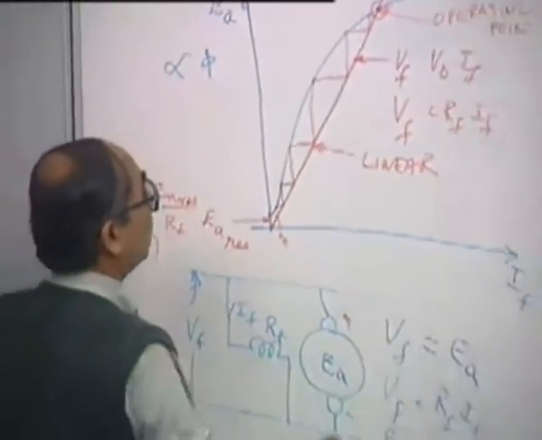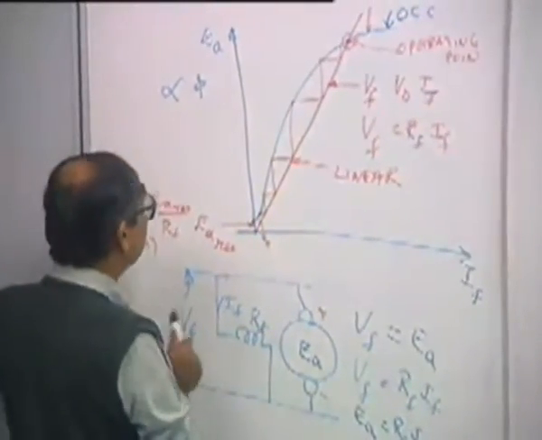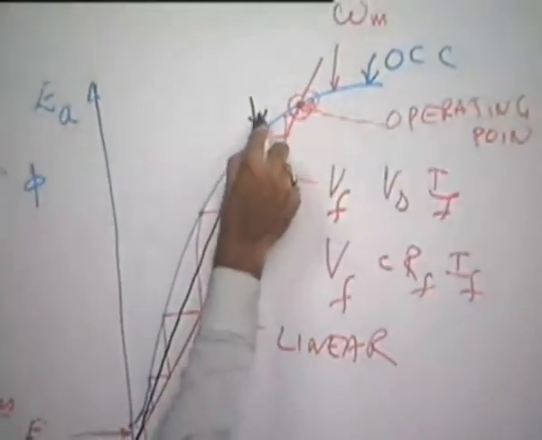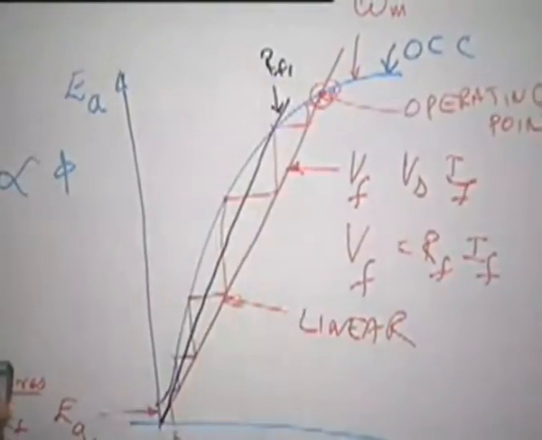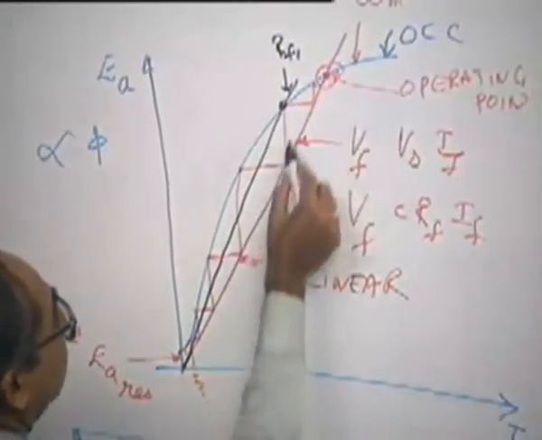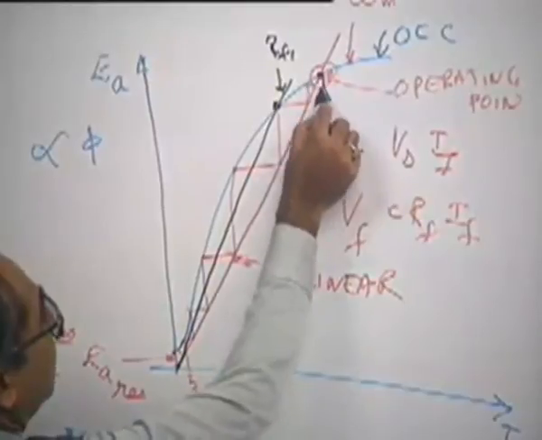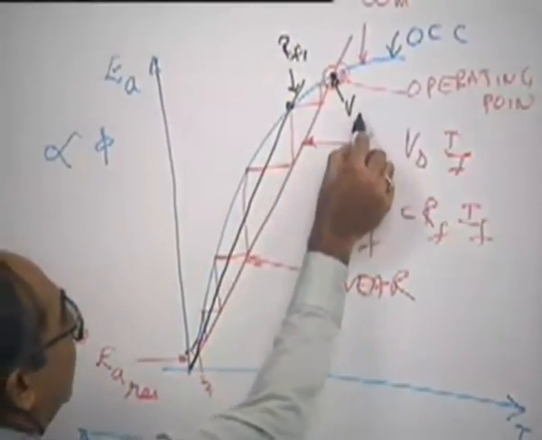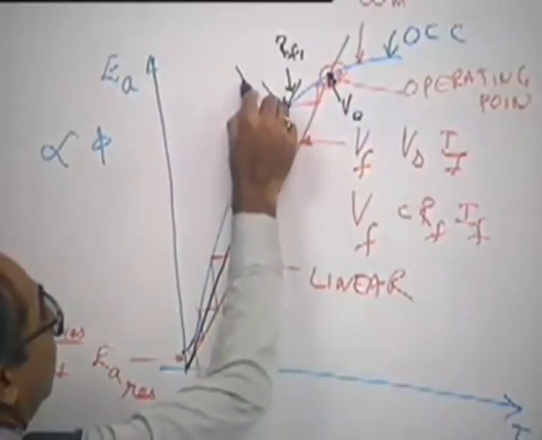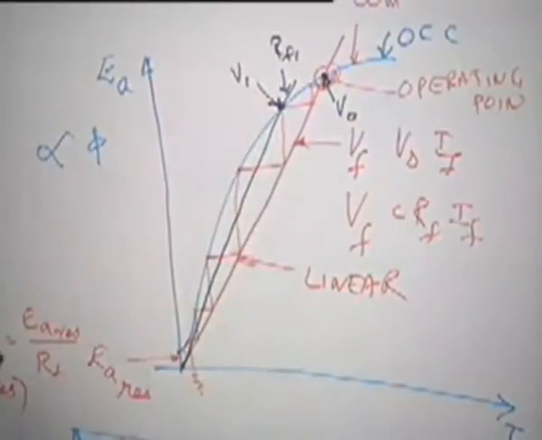So you can increase to some other value, let us say RF1. Supposing this is the original value, let us say V naught, it will come down to V1.